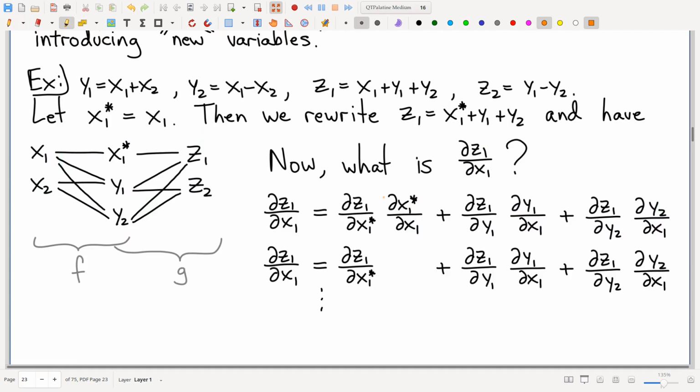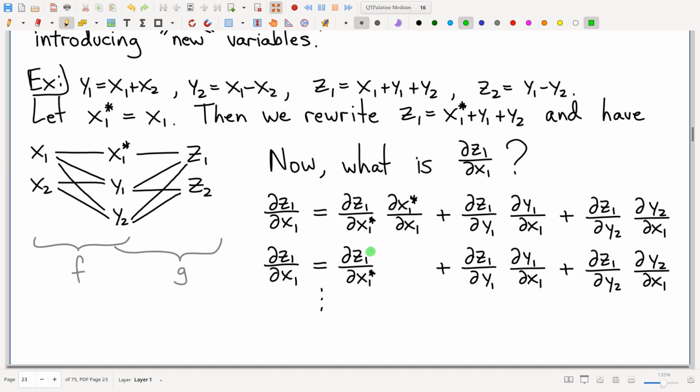there is a partial derivative here that's super easy to compute. I mean, don't forget that x1 star is literally just, its value is always the same as x1. So that is always a factor of 1. And a factor of 1 you don't have to write down. And then everything else makes sense. And there's your answer. All of this is highly computable.